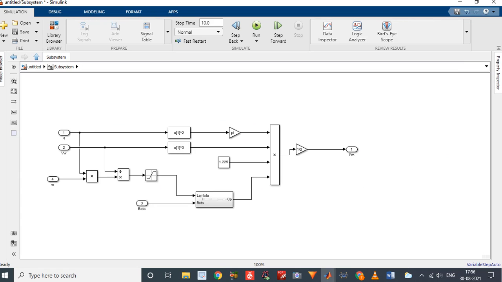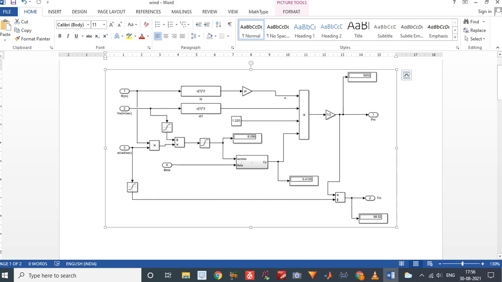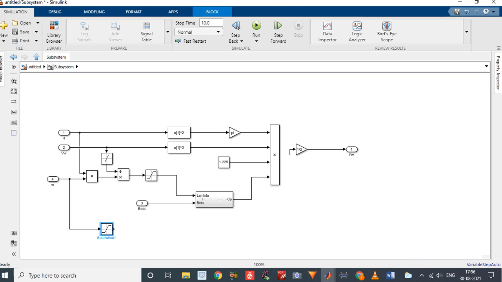Now I'm going to calculate the torque. For that, I'm taking another saturation. We have to connect one more saturation here also. Control R for rotation. Sorry guys. So I have to get a torque also.